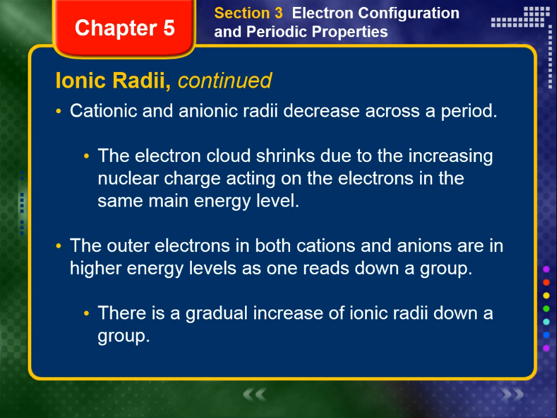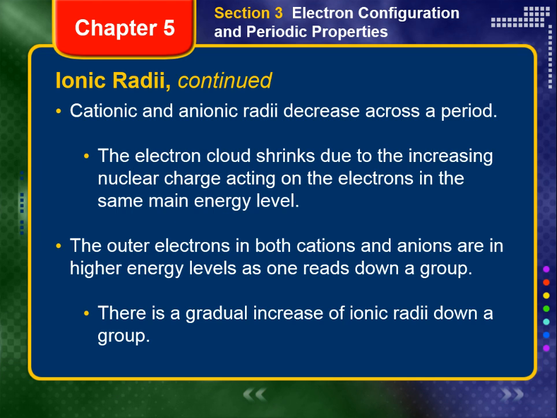Period trends. Within each period of the periodic table, the metals at the left tend to form cations, and the nonmetals at the upper right tend to form anions. Ionic radii decrease across a period because the electron cloud shrinks due to the increasing positive charge acting on the electrons in the same main energy level.